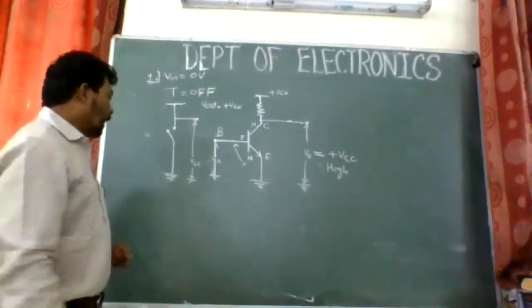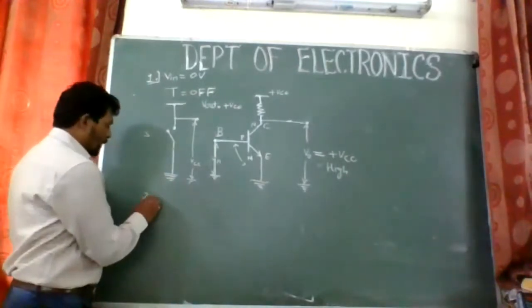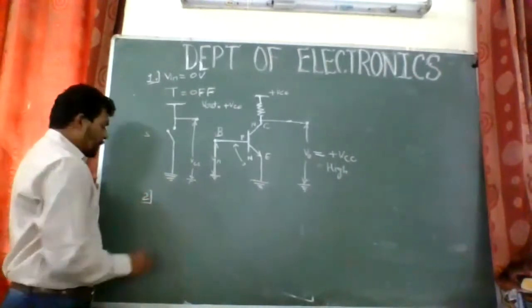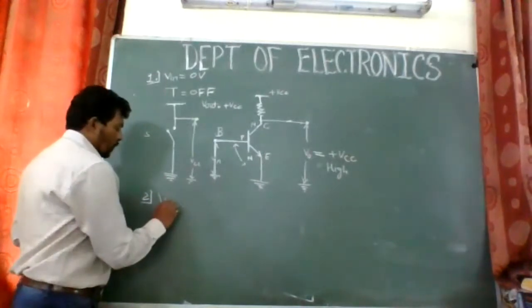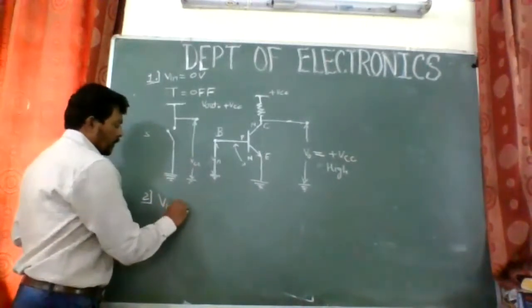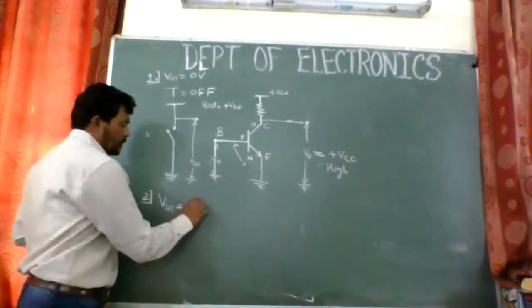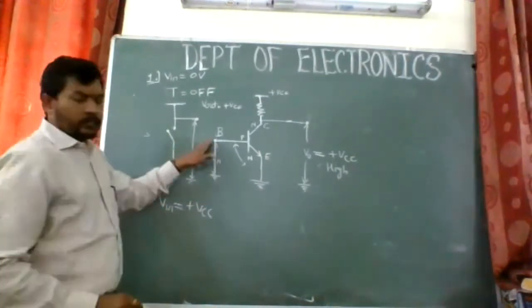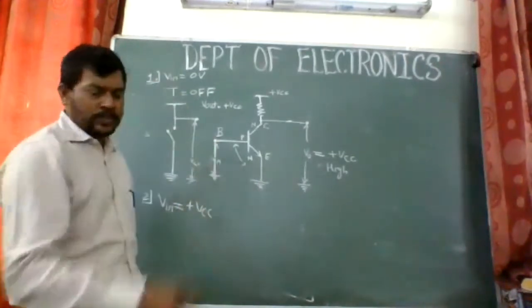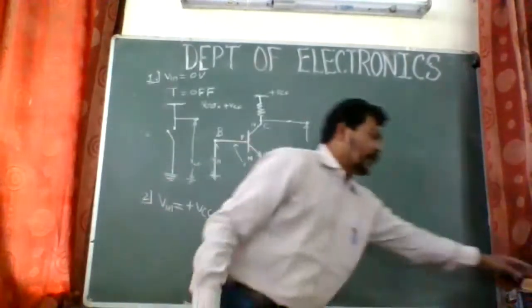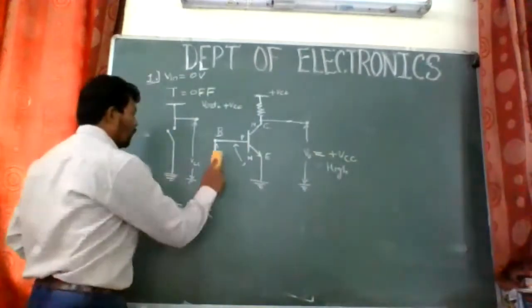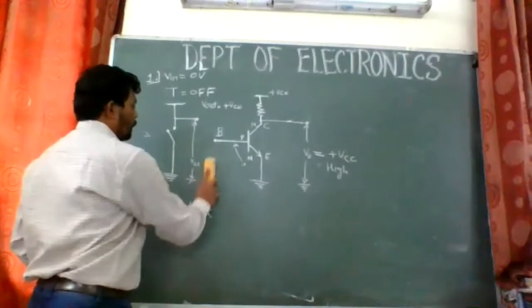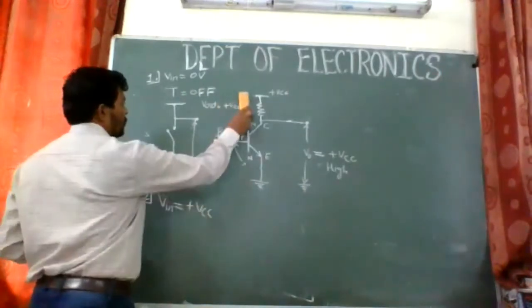Remember this. Now the next situation: I am going to give the input voltage equal to plus VCC. So I need to connect this base to plus VCC. I will connect this to the plus VCC terminal of the supply.